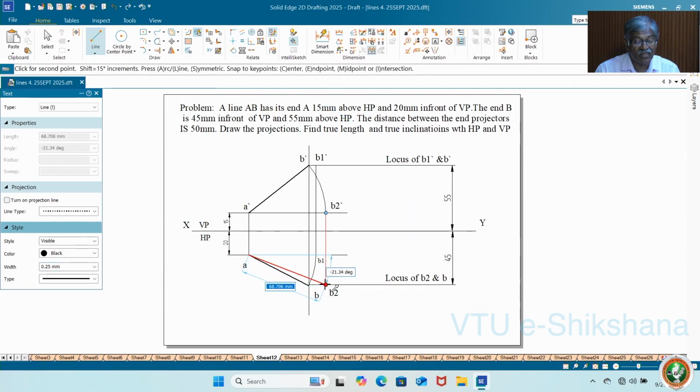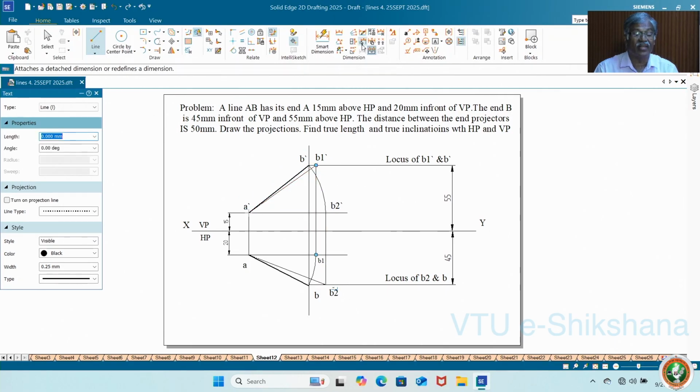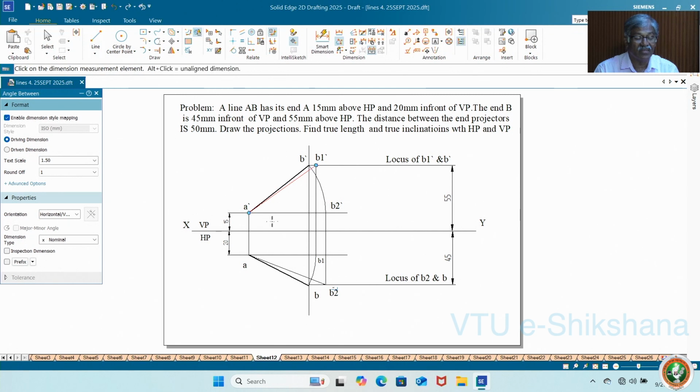Say this is true length of the line in HP area, and this is true length of the line in VP area, and corresponding angle is this. See, this is true inclination with respect to HP. This is true inclination with respect to VP. Very easy to understand.